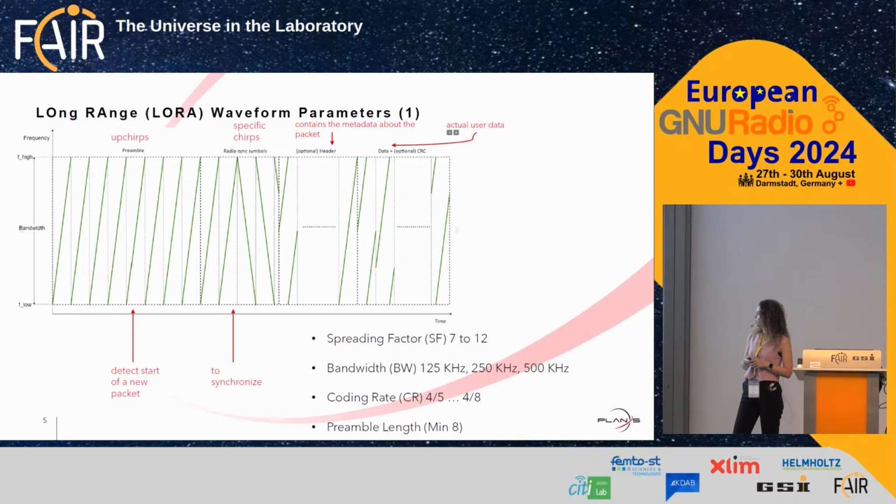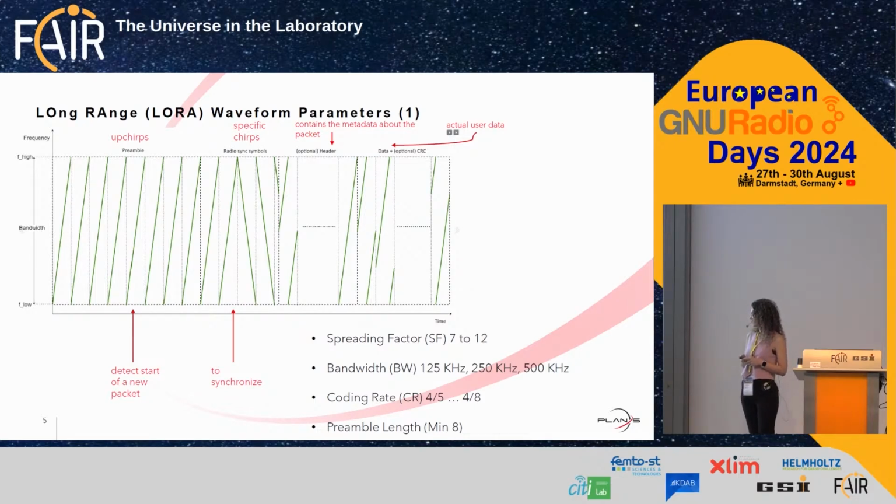And then the radio sync symbols allow the receiver to synchronize the incoming data, and they have specific chirps. And then the optional header comes, and this contains the metadata about the packet. And data is the actual user data. As I said before, it can be sensor data or metering data. And optionally, CRC is added.